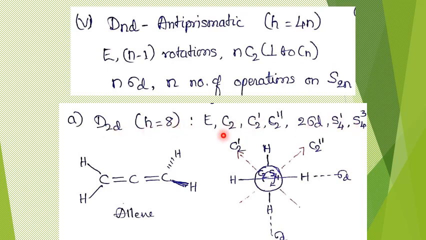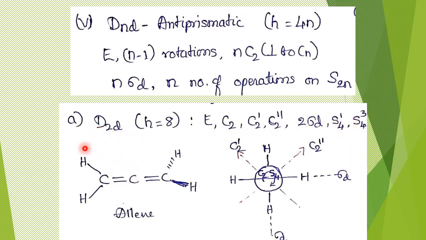The operations possible have been listed here: E and the principal axis, then along with that perpendicular C2s are also considered. Then sigma d planes will be there here, n number of sigma d, so 2 planes will come. And then, as I had mentioned, if it is a C2 axis, then it will be an S4 axis. So on the S4 axis, 2 more operations will be possible, S4^1 and S4^3. So a total of 8 operations will be possible in case of this molecule.